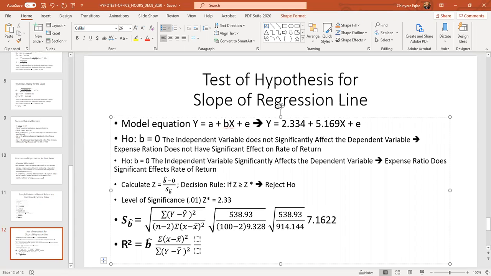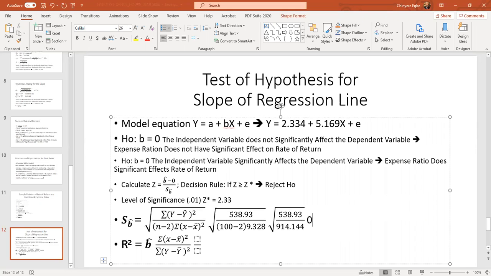914.144 is 0.5895, and the square root of that, I have 0.767.